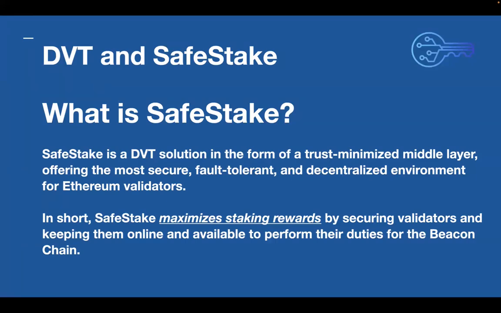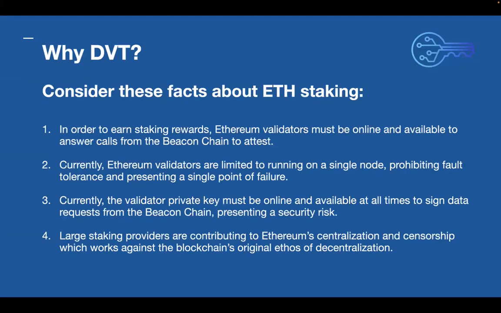What we like to tell people is what all this means: SafeStake maximizes staking rewards by securing validators, keeping them online and available to perform their duties for the beacon chain securely. So why DVT? This is where the rubber meets the road for DVT and ETH staking.